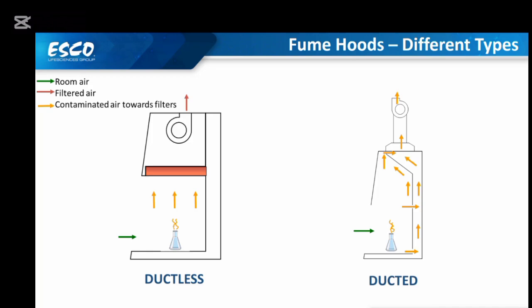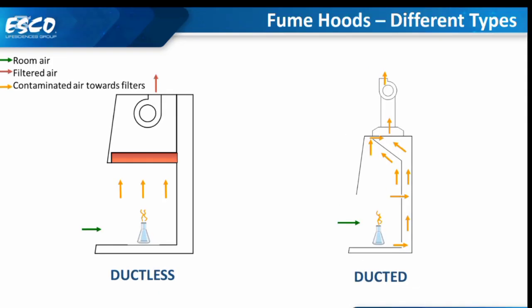The air is exhausted back into the larger work area, meaning that the air is filtered by catching all those fumes that can be harmful to the operator and then released in the lab as clean air.